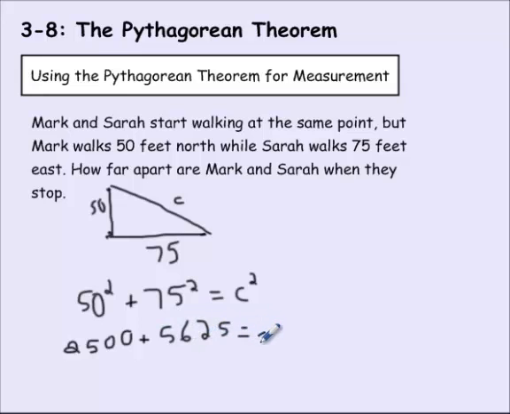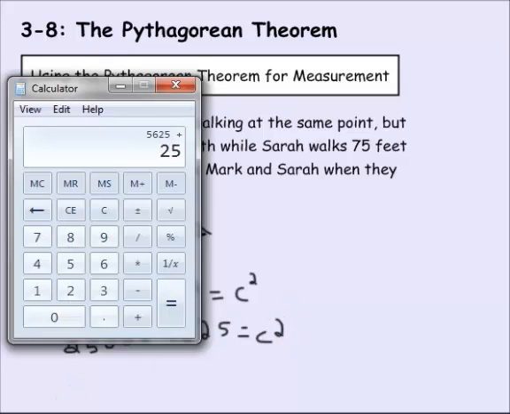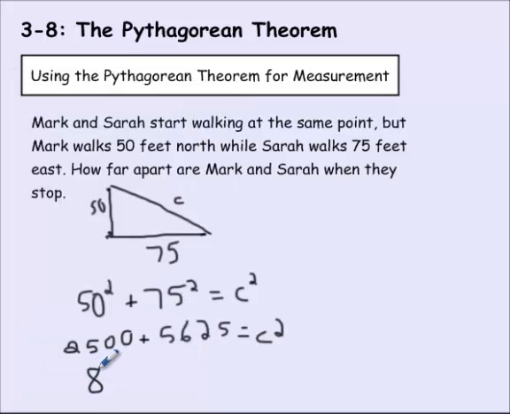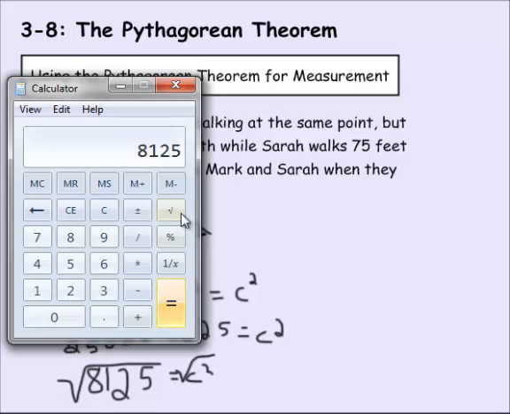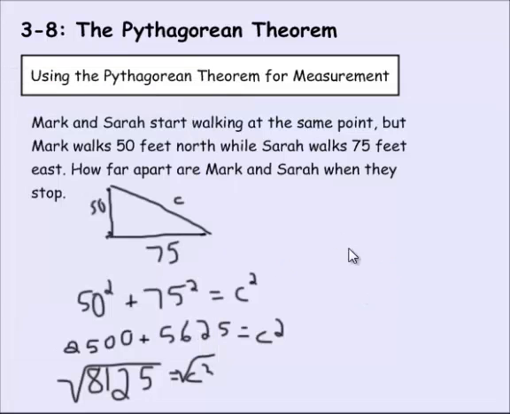And that equals c squared. 5,625 plus 2,500 would be 8,125. So 8,125 equals c squared. And just like the other ones, we could square root both sides and solve for c. So the square root of 8,125 would be 90.14, it looks like. So 90.14, and then we're going to say feet would be our answer.